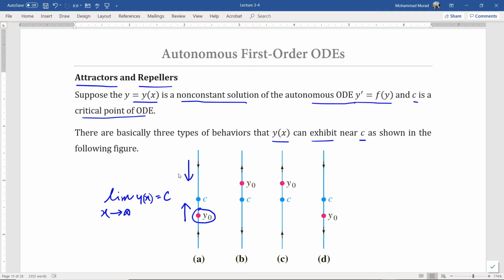For this reason, this critical point C is said to be asymptotically stable. This type of critical point is also referred to as an attractor.